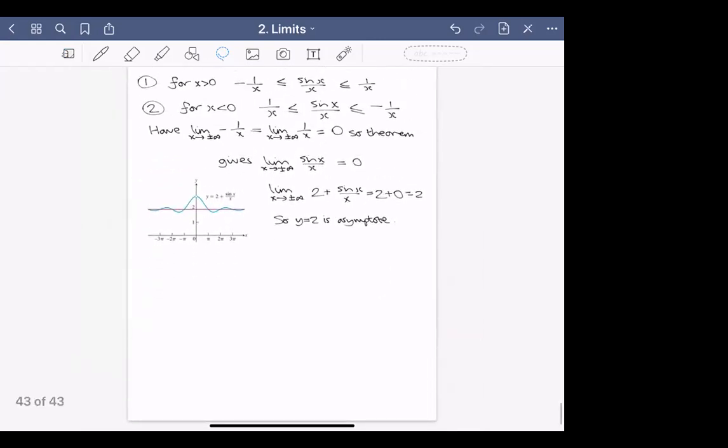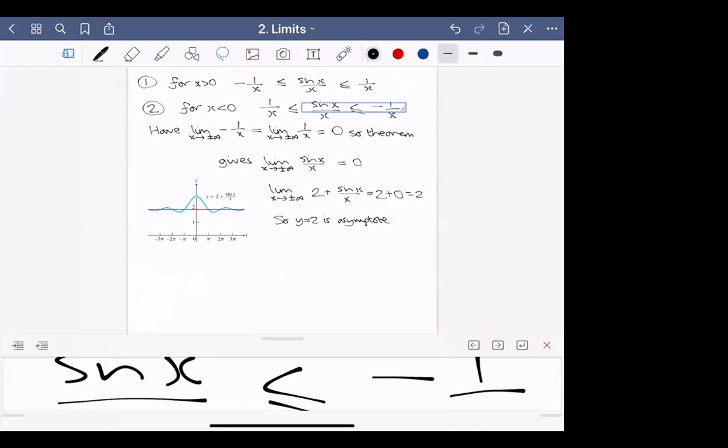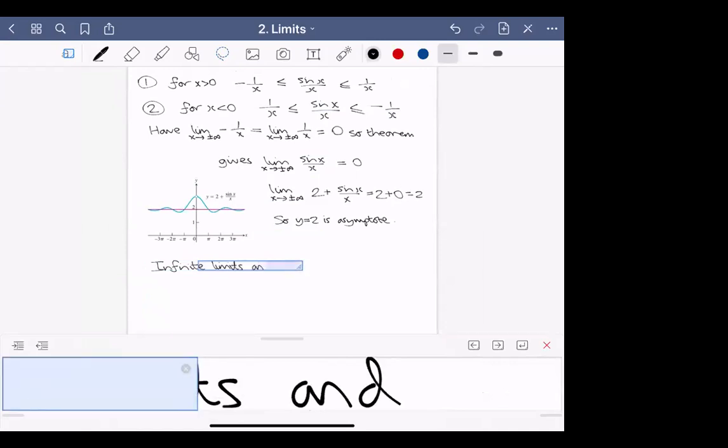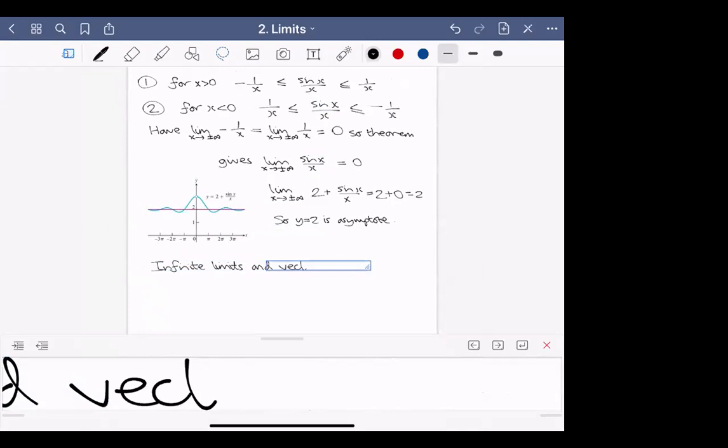Okay, so now another sort of infinite limit, which will give us another sort of asymptote.